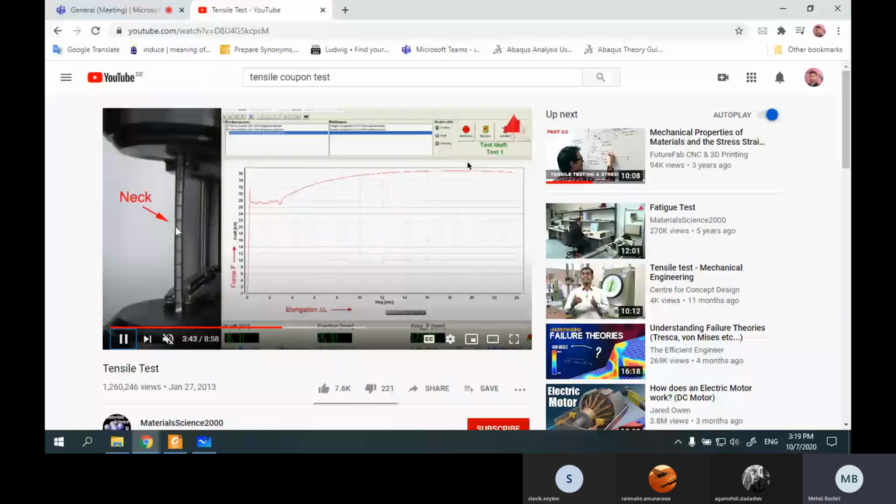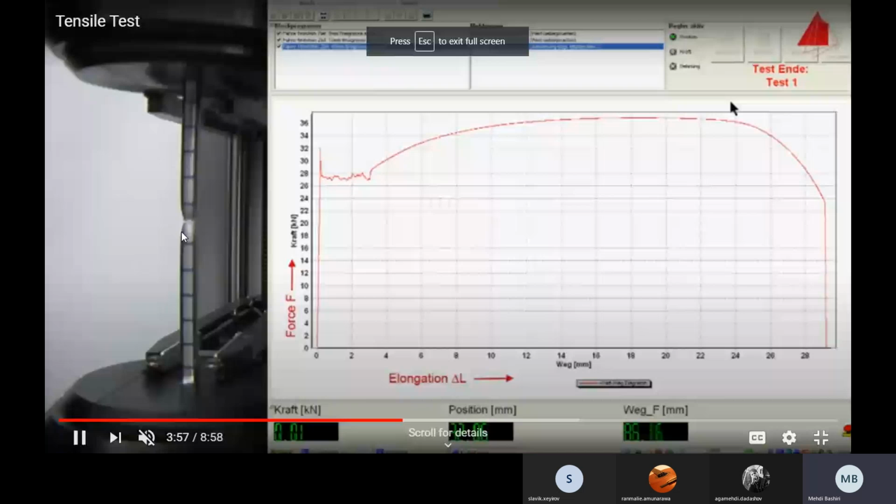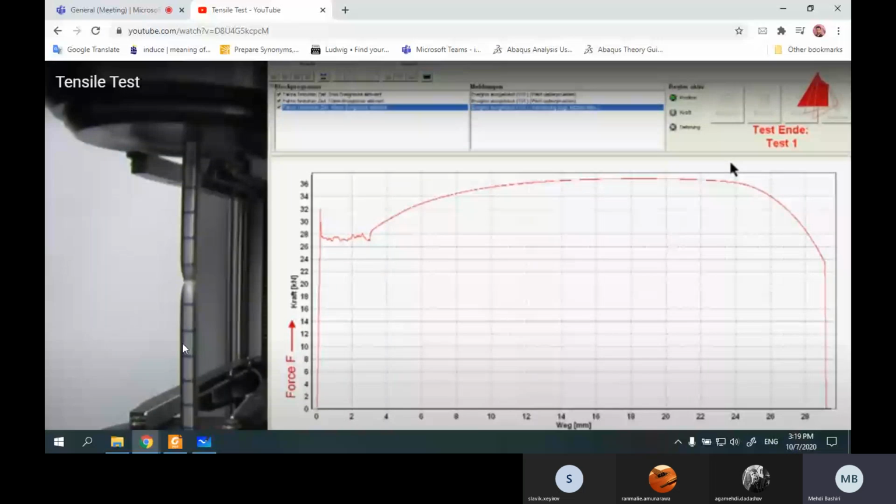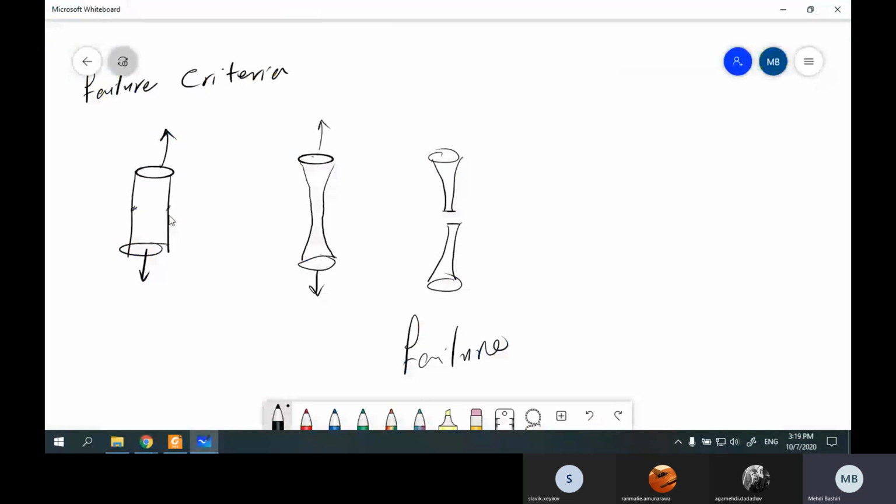We call it neck or necking. And if we increase the force, finally, I don't know if you can see the picture, you can see that here we have a rupture. In the case of a steel rod, this is our failure.